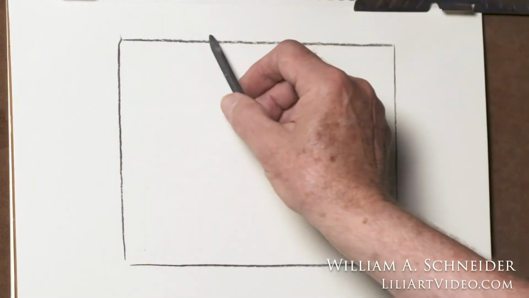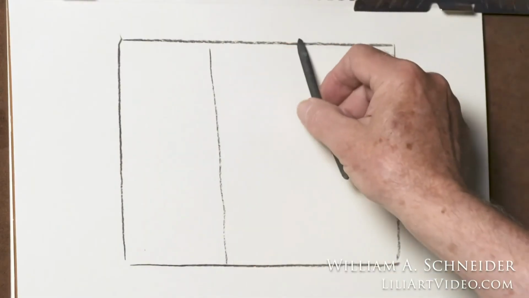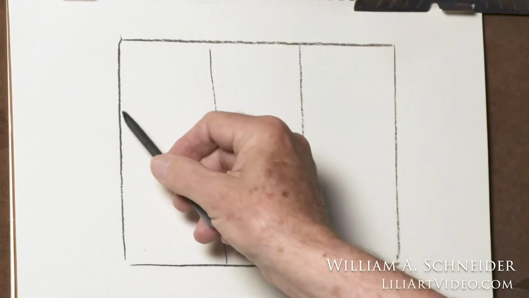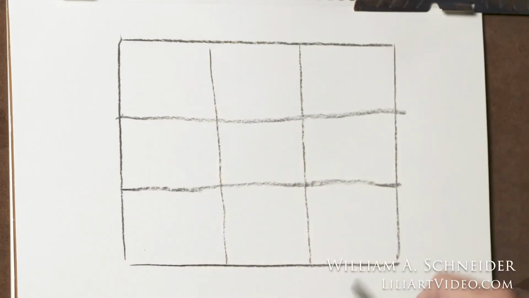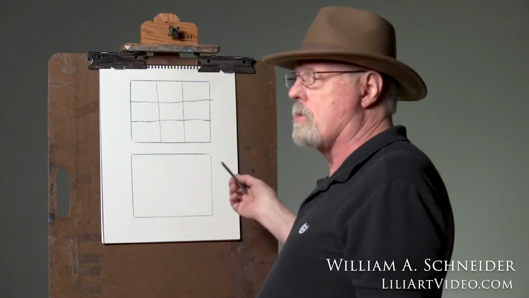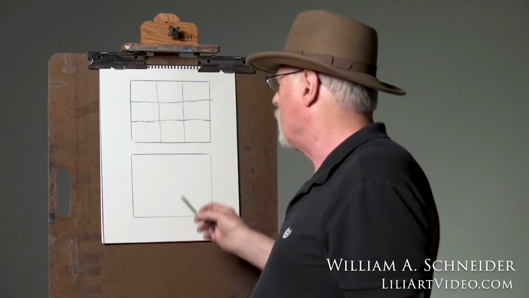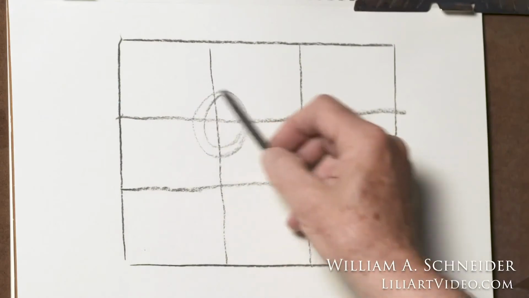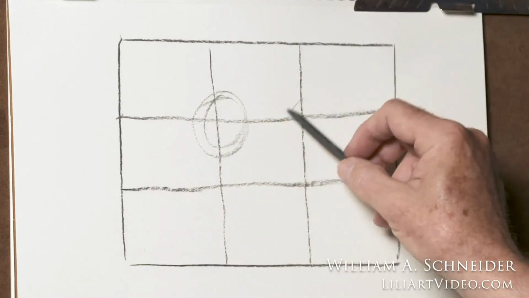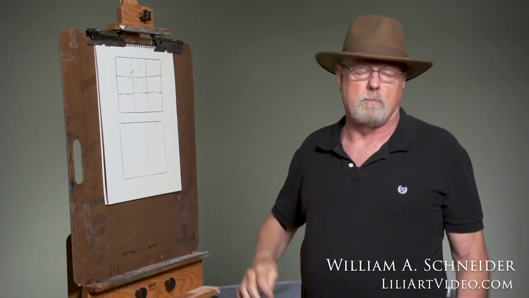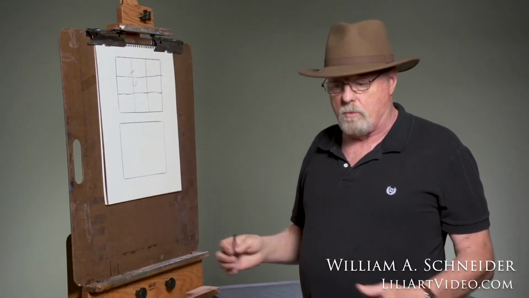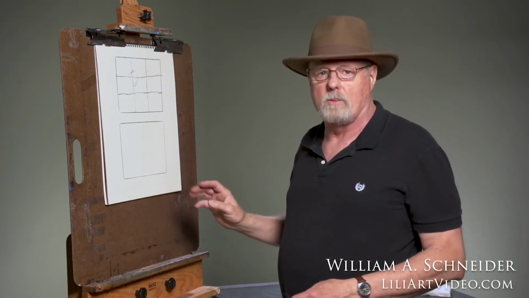Well, one way is to do this sort of tic-tac-toe, and I'm just eyeballing this, where you divide the plane into thirds. And that's very simplistic. Will it work? Sure, you could put a center of interest overlapping any of these intersection points, and it keeps you out of the middle and it keeps you out of the corners, but not very interesting. So let's look at something else.